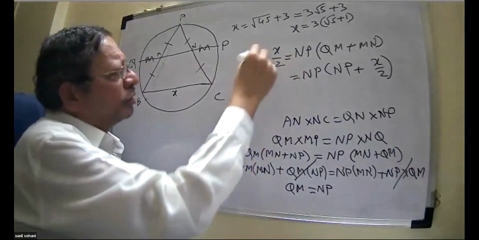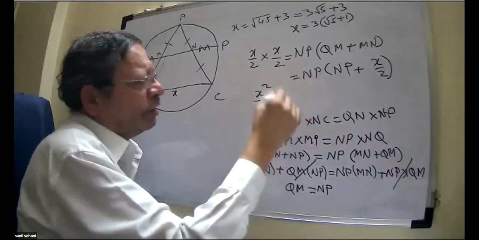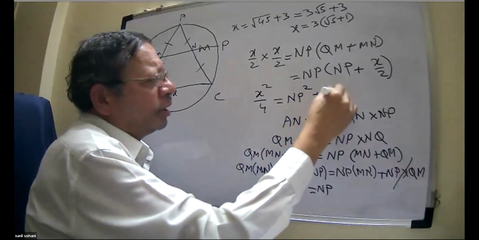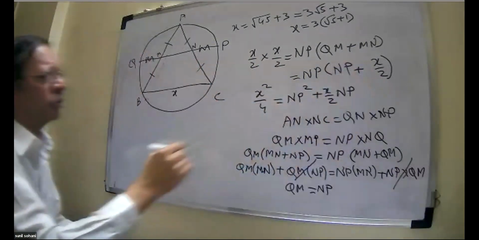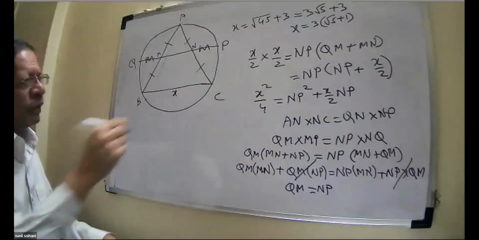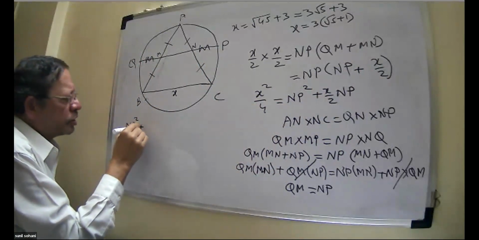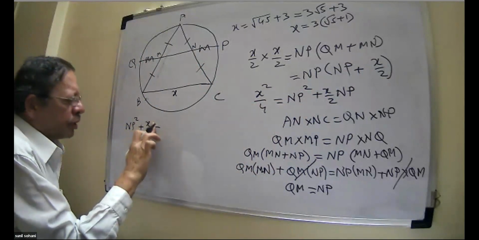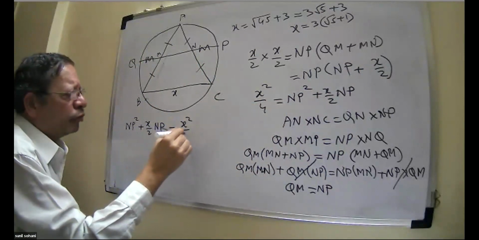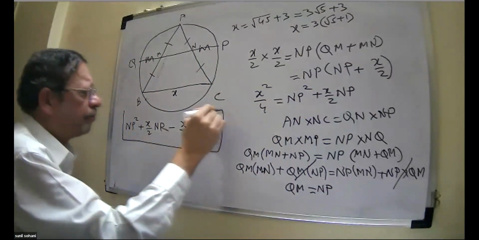Now, coming back to the solution, it is nothing but x square upon 4 is equal to NP square plus x upon 2 NP. I am writing this information here: NP square plus x upon 2 NP minus x square upon 4 equals 0, and this is nothing but a quadratic equation, if you understand.